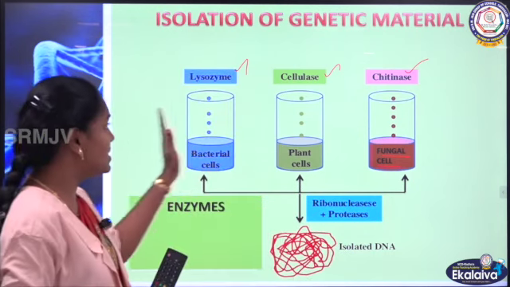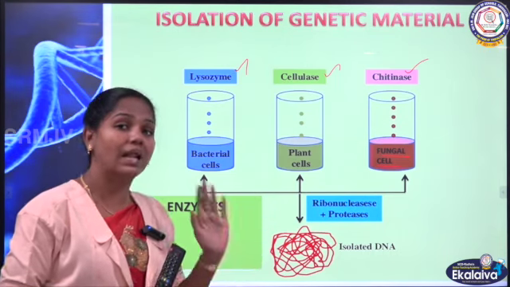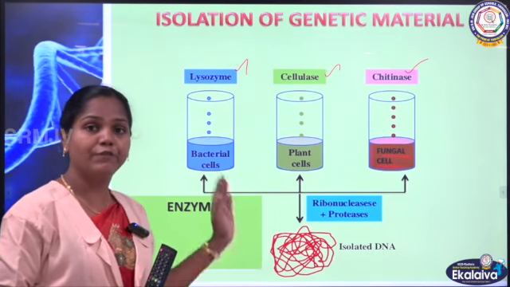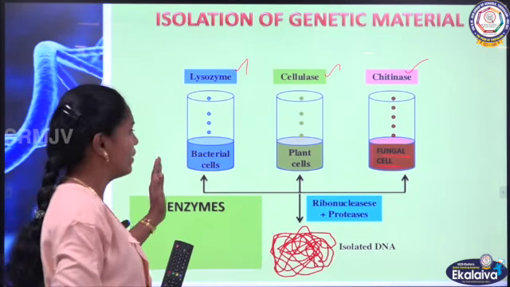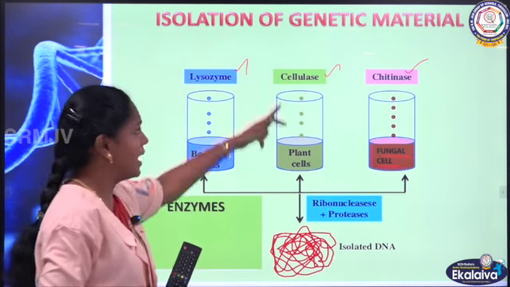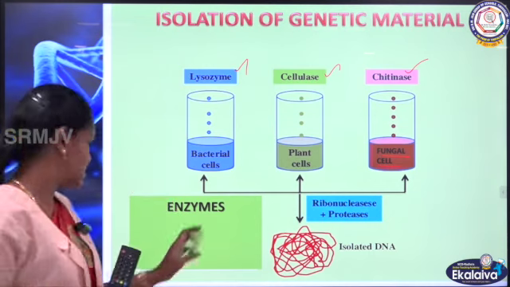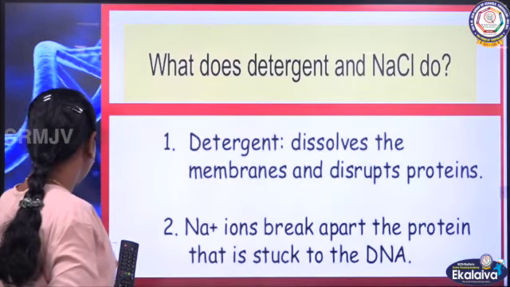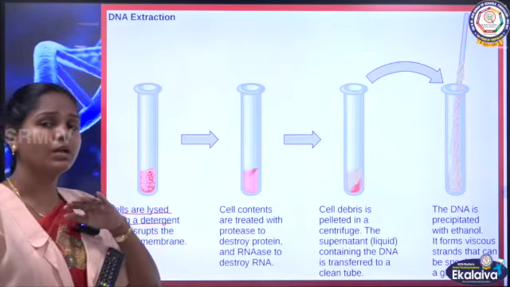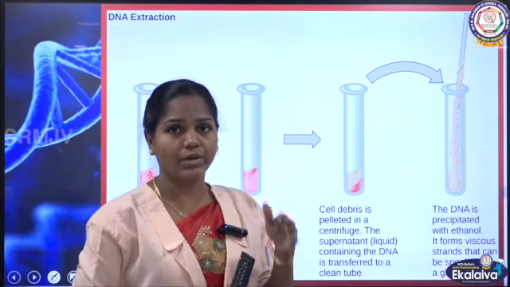So for various samples: bacterial cell, lysozyme; plant cell, cellulase; and fungi, chitinase. This is how, using enzymes, we will lyse our cell.